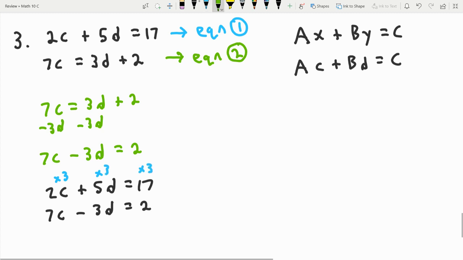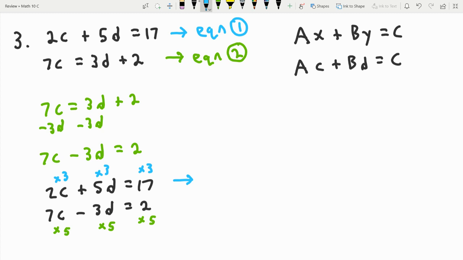And for equation 2, I will multiply every term by 5. And if this seems familiar, it should be, because when I multiply 5 by 3 and 3 by 5, I'm just finding the lowest common multiple, and that'd be 15.